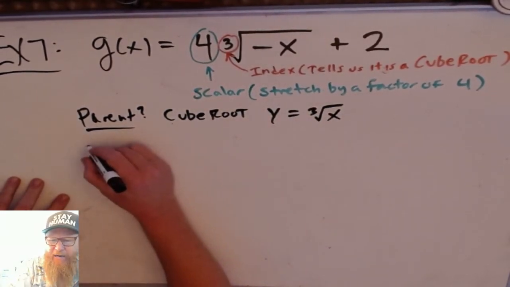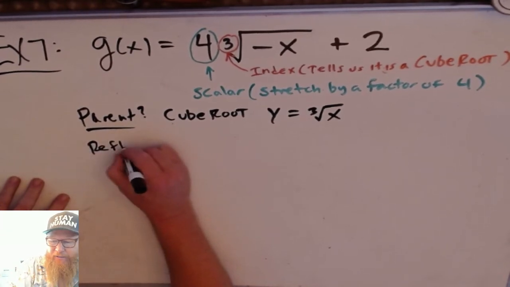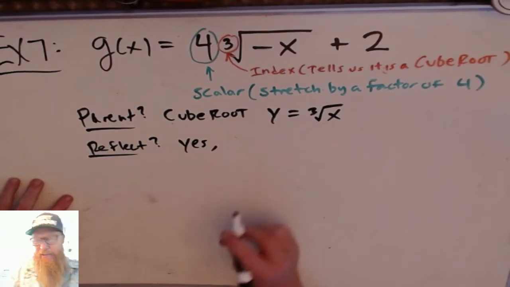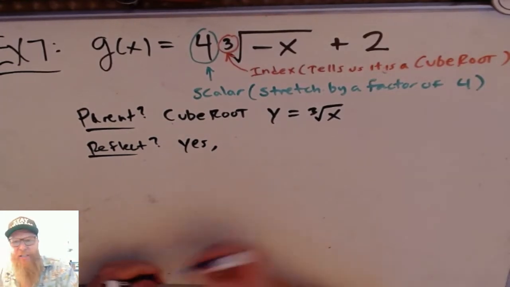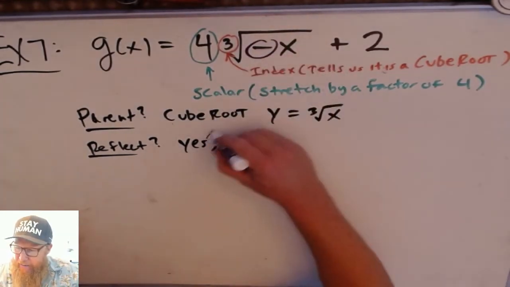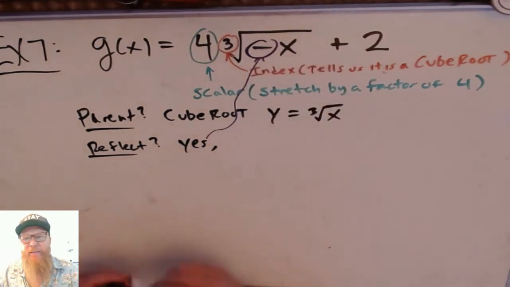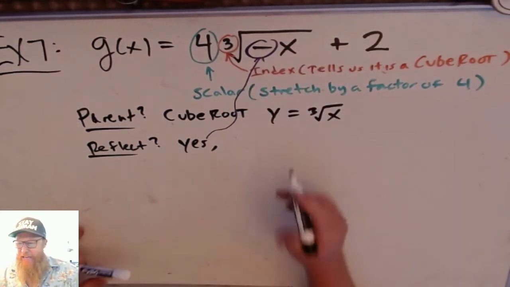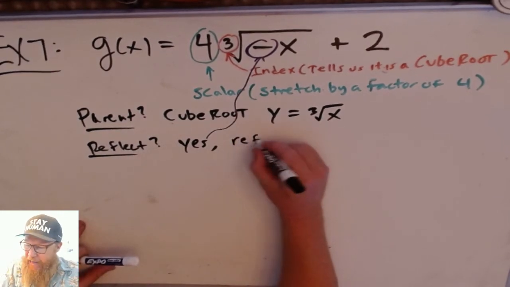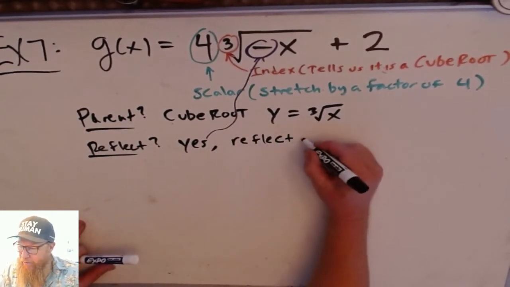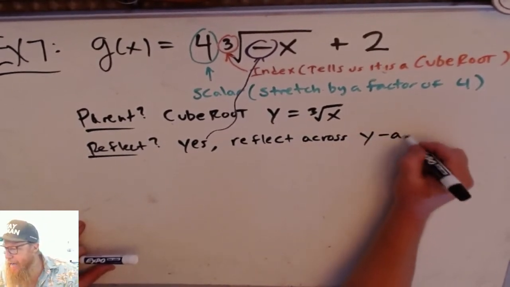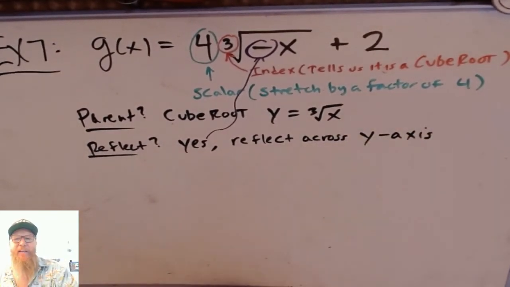Are there any reflections? Yes. All right. Where is the reflection? Right here. It's on the inside. If it's on the inside, you're going to reflect over or across the y-axis because it's on the inside.